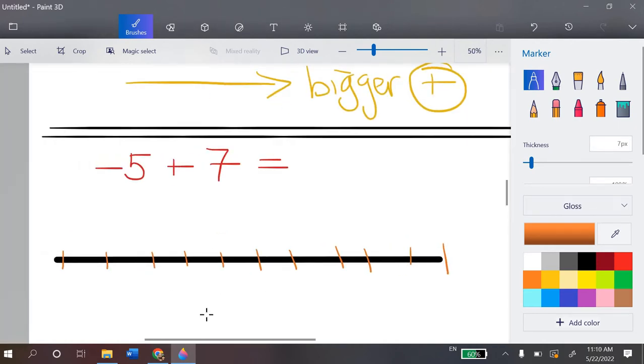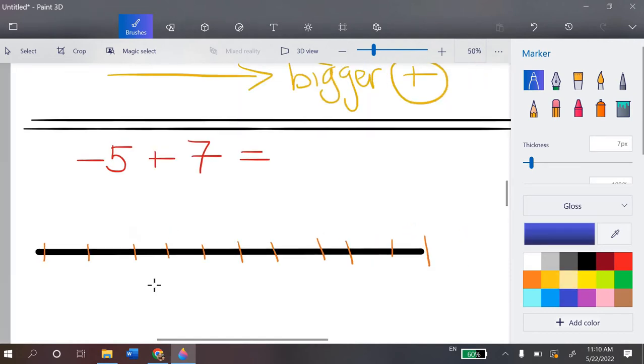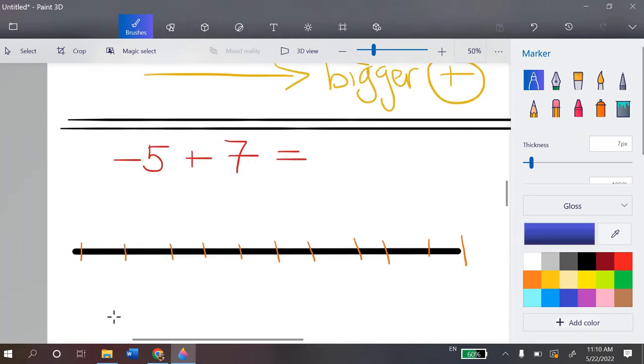I know they're not very straight, but let's not worry too much about that. Let's start from -6, -5, -4, -3, -2, -1, 0, 1, 2, 3, 4.